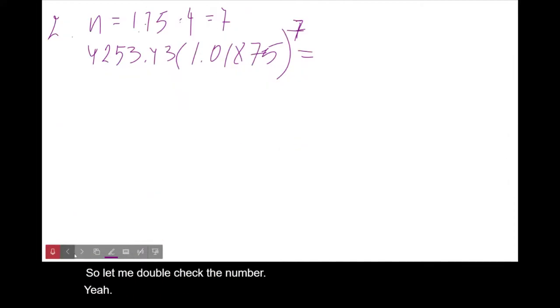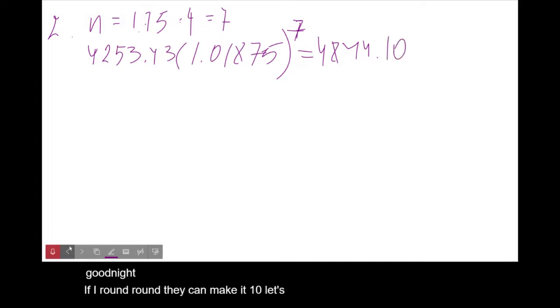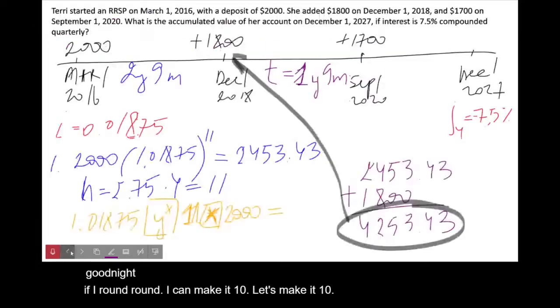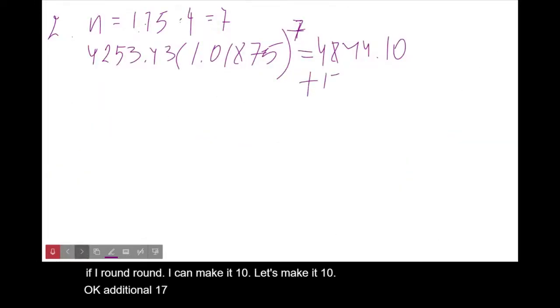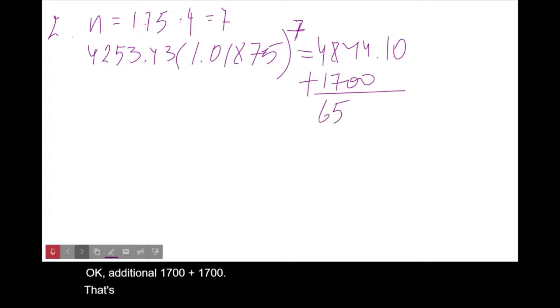Yeah. Exponent 7 times 4,253.43 gives 4,844.09. Actually, if I round, I can make it 10. Let's make it 10. Okay, additional 1700, plus 1700, that's 6,544.10.